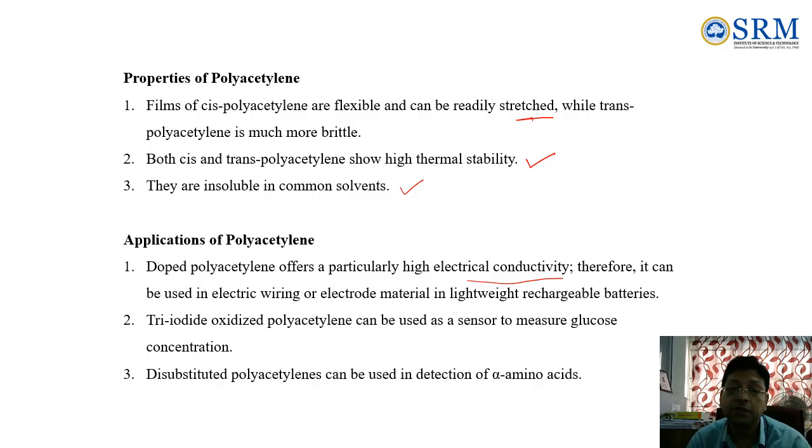And number two, triiodide oxidized polyacetylene can be used as a sensor to measure glucose concentration. Disubstituted polyacetylenes can be used in the detection of alpha amino acids, etc. So these are some of the important applications of polyacetylene.